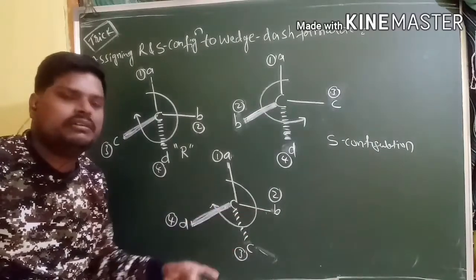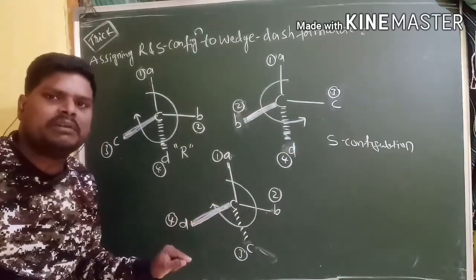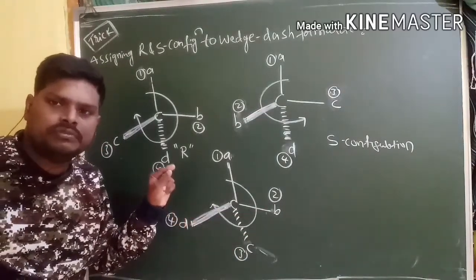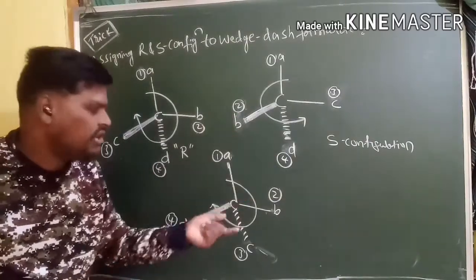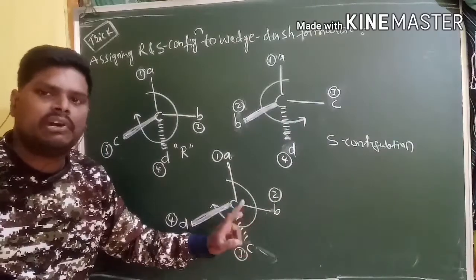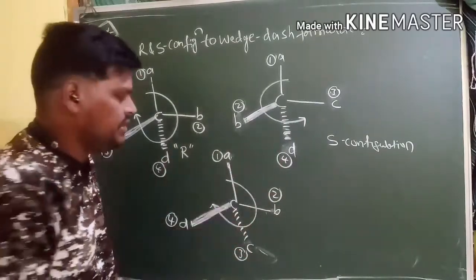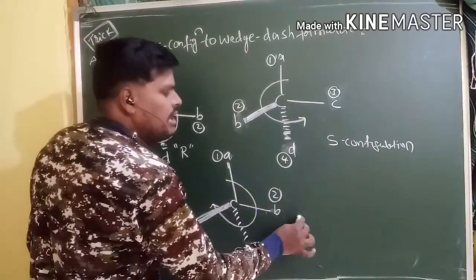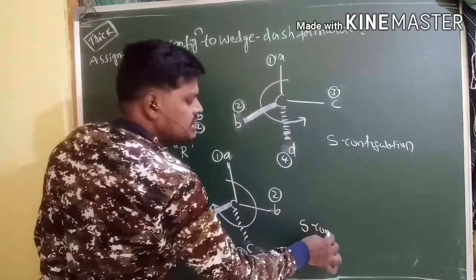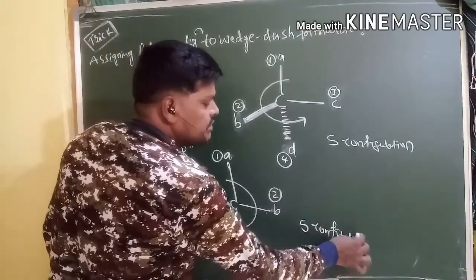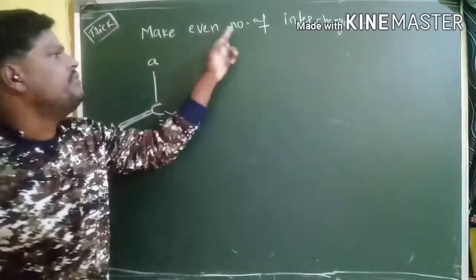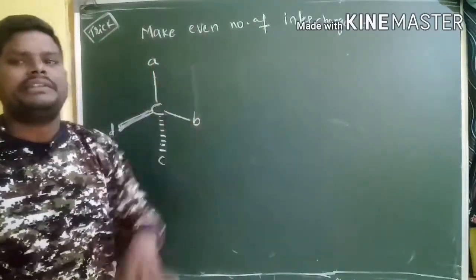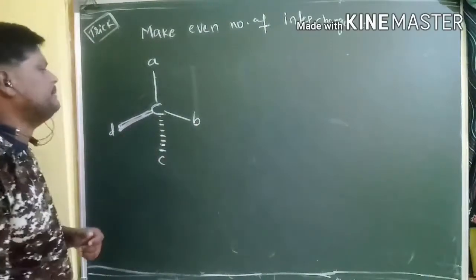I already told you, when the least priority is not present on the broken wedge, you take the opposite of the configuration obtained. Here the obtained one is R configuration. The opposite configuration is S configuration. Now R changes to S configuration. So now this is S configuration. Next, make an even number of interchanges.